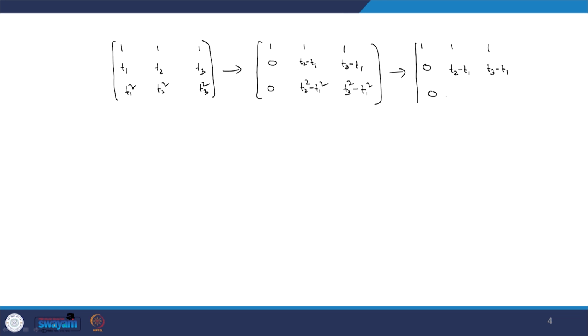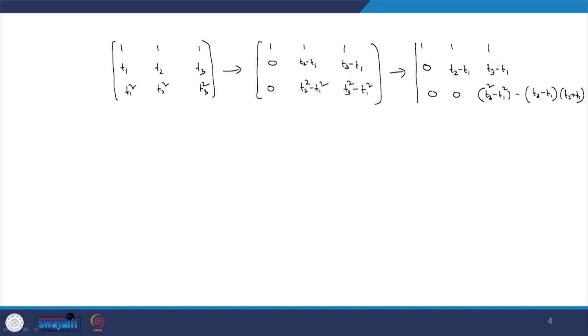Now I have to make the third row's second entry 0. So, if I multiply t2 plus t1 to the second row and subtract from the third row, I will have 0 and then t3 square minus t1 square minus t3 minus t1 into t2 plus t1.